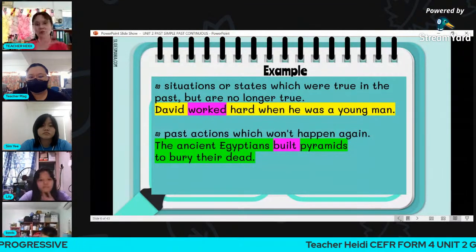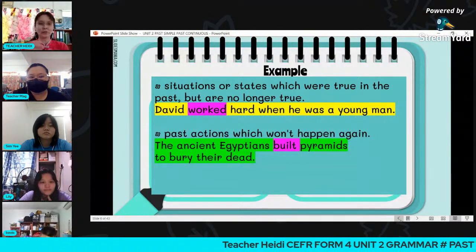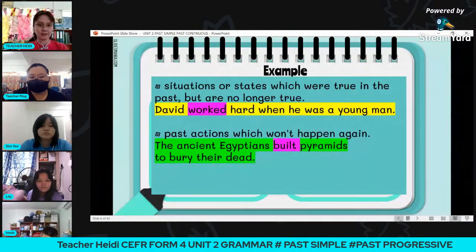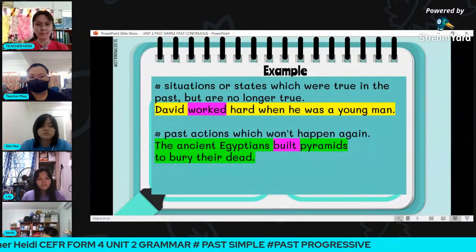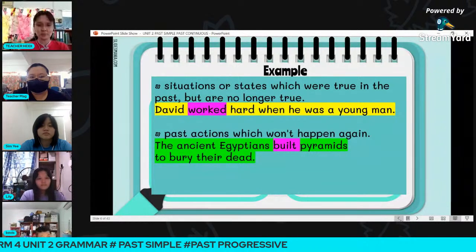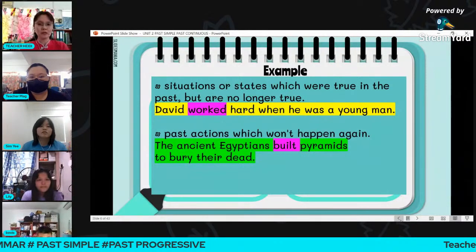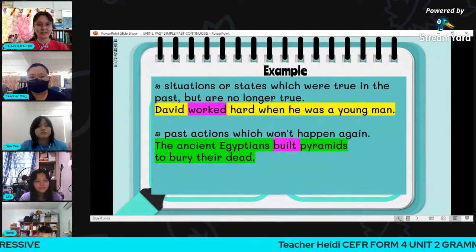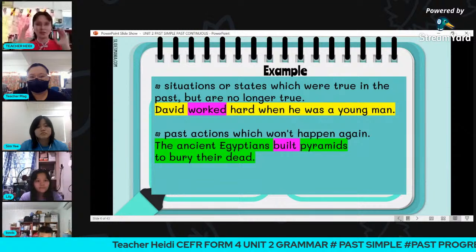Okay, we do not know how the story unfolds, but here it is already past. Then this one is an action that won't happen again, because the ancient Egyptians who built pyramids, now they don't even know how to build one. Pyramids are actually tombs to them. It's their graveyard.